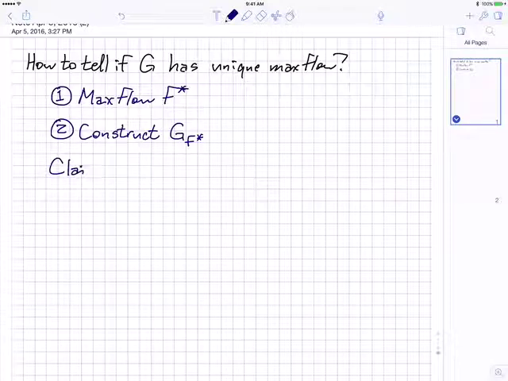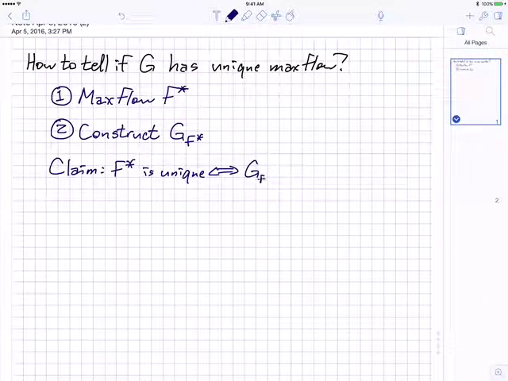And then the claim is that F star is unique if and only if this residual graph is a DAG. So if the residual graph has a cycle in it, then I can push flow along that cycle and update F star, and that will create a new flow with the same value.